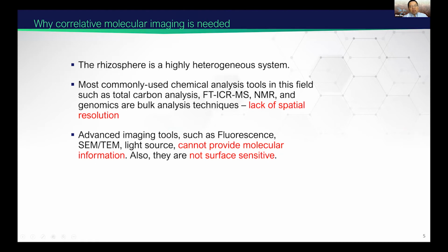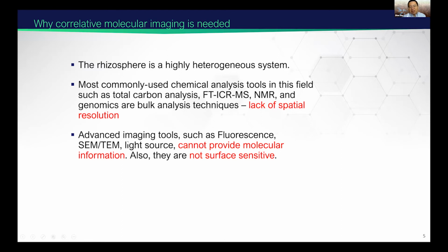However, most commonly used chemical analysis tools in this field, such as total carbon analysis, FT-ICR MS, NMR, genomics, and proteomics, are mostly bulk analysis techniques. They lack spatial resolution.